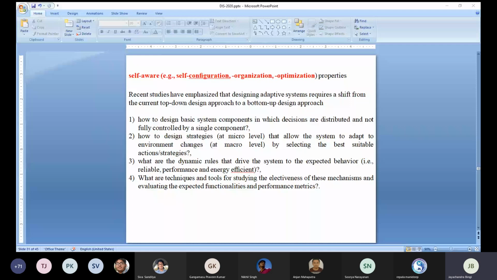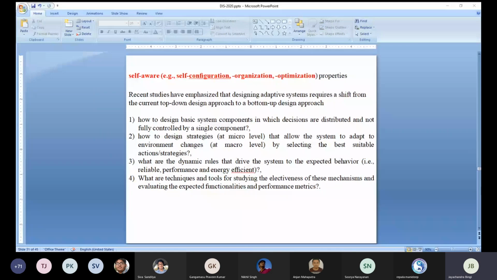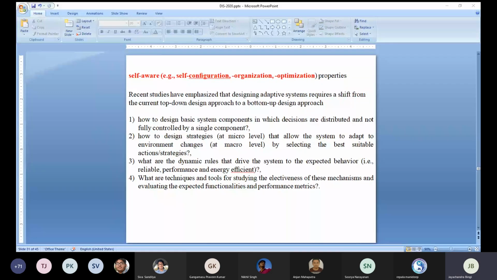Self-awareness is nothing but the system continuously monitoring what changes are coming in its structure, in its form, in its functionalities, or in its behavior.